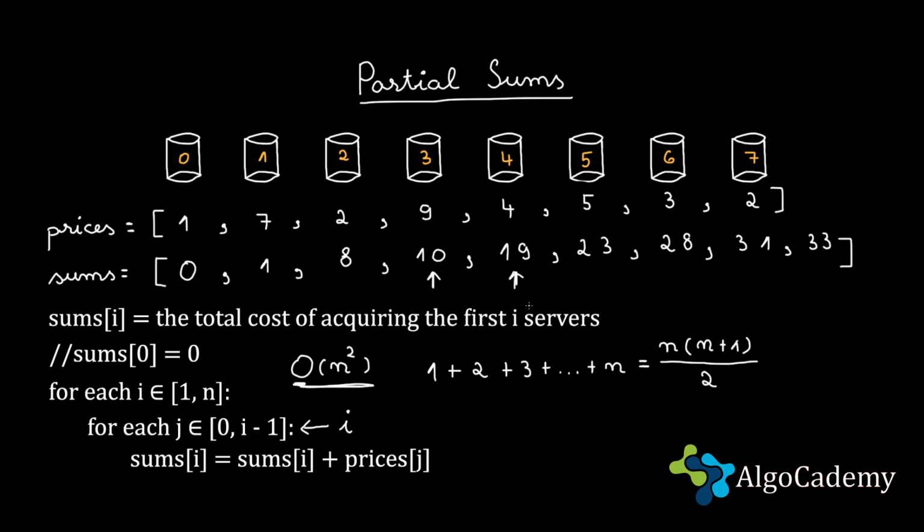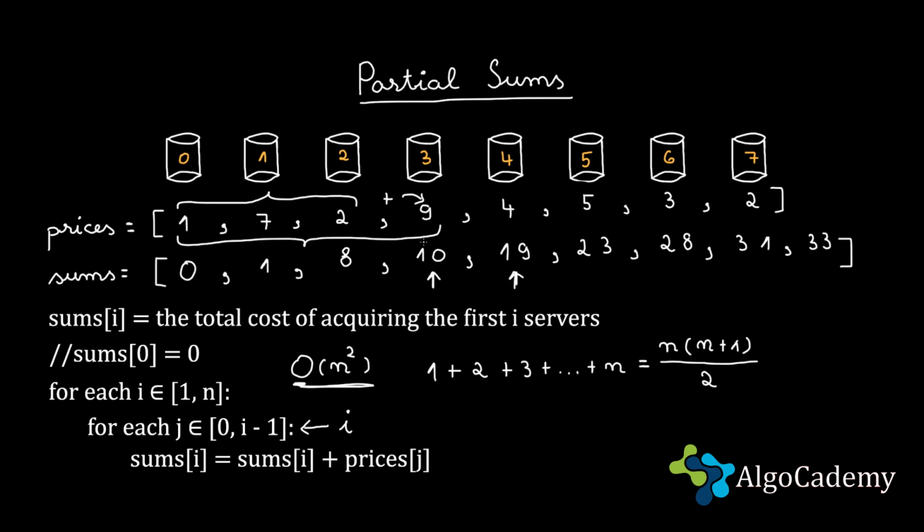When I had to compute the sum of the first 4 prices, I said something like this. I don't want to go again through all those 4 prices and add them together. What I can do is notice that the sum of these 4 elements is actually equal to the sum of the first 3 elements, which I've just computed, plus the new one, right?